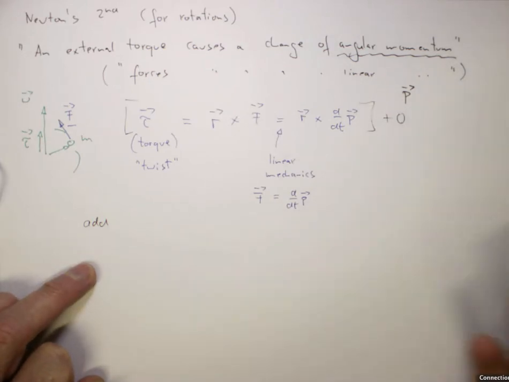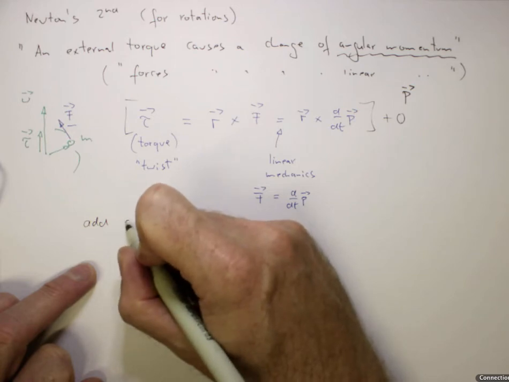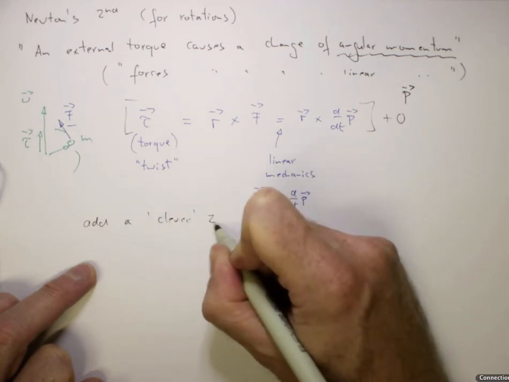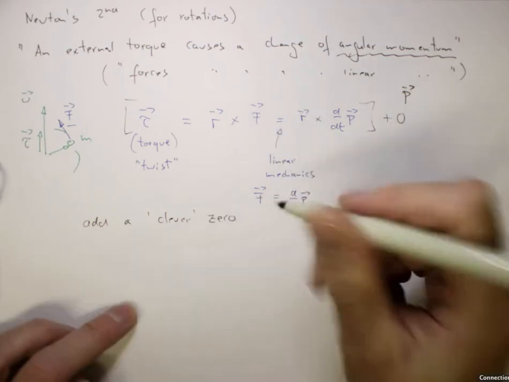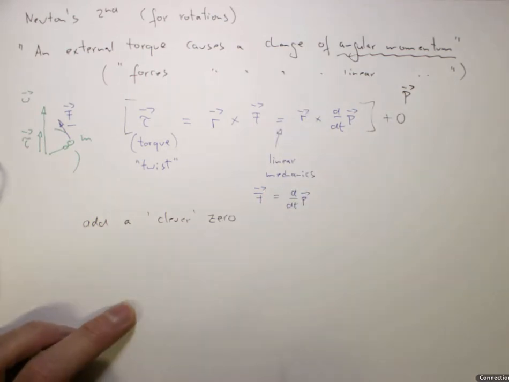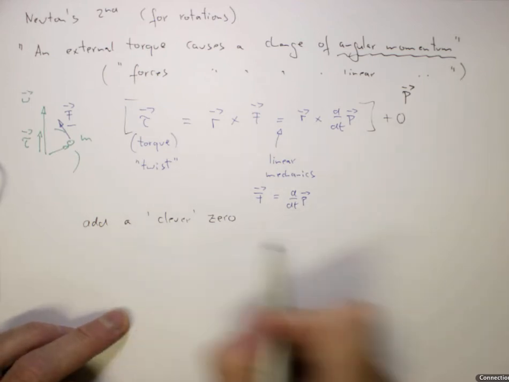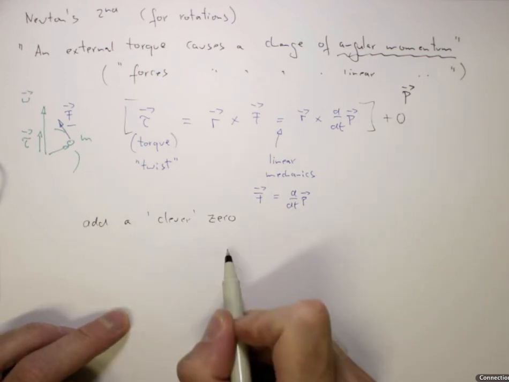But if you do that, you want to do that with a purpose. So we're adding a clever zero, what I call a clever zero. And I'm not the only person doing that. Every textbook does it, so this is not a subjective thing I'm doing here.